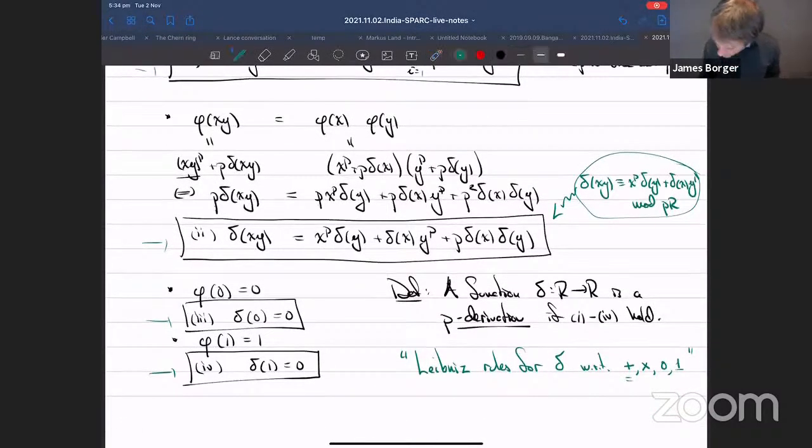One last comment before I keep going is that Buium, in fact, likes to think of delta as the derivative with respect to a prime number. So, for instance, on the ring of integers Z, the Frobenius lift is the identity map.